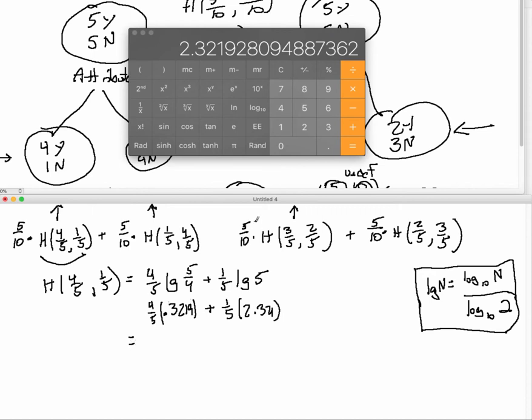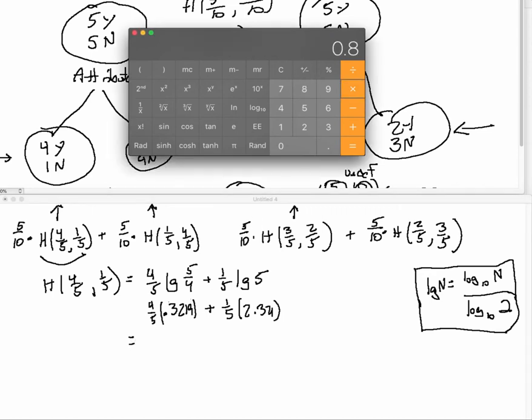So this is equal to 0.8 times 0.3219, and that's equal to that, plus 0.2 times 2.321, and that's equal to 0.72.